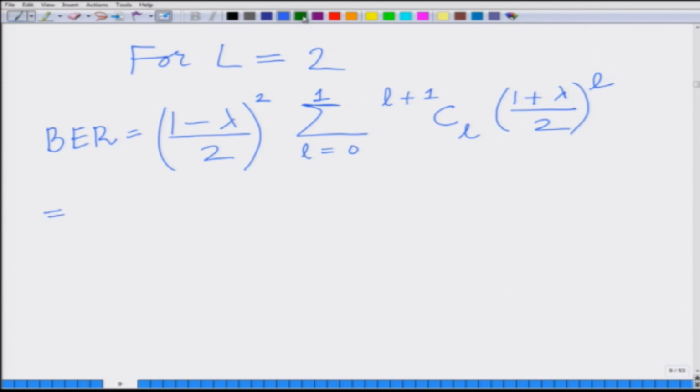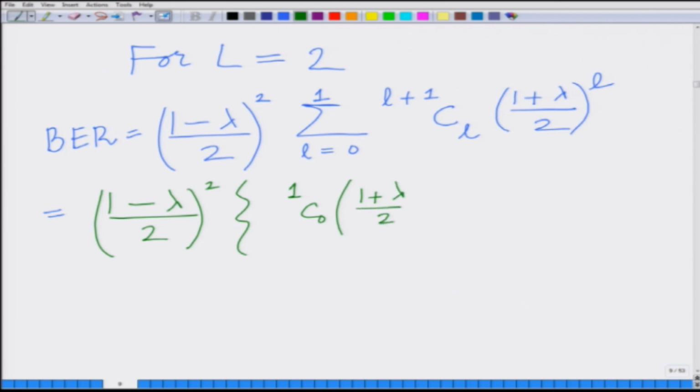This is basically equal to (1 minus lambda by 2) whole square times, when small l equals 0, 1 choose 0 times (1 plus lambda by 2) raised to the power of 0, plus when small l is equal to 1, 2 choose 1 times (1 plus lambda by 2) raised to the power of 1.